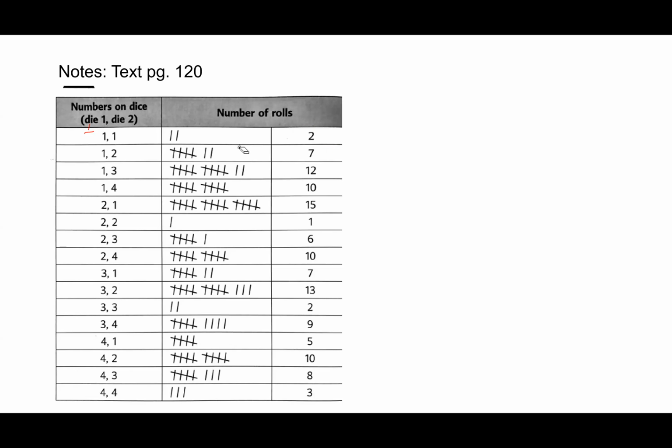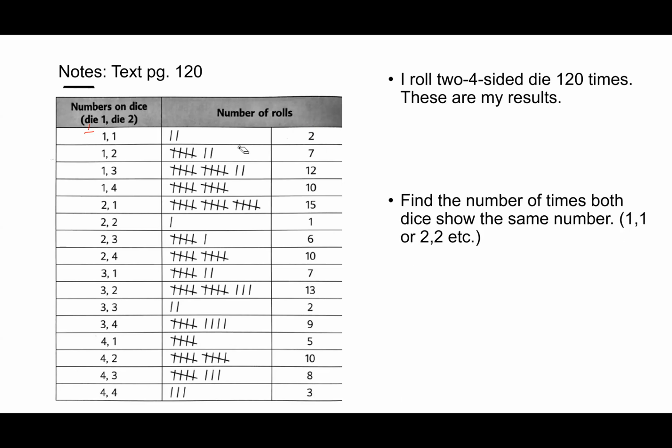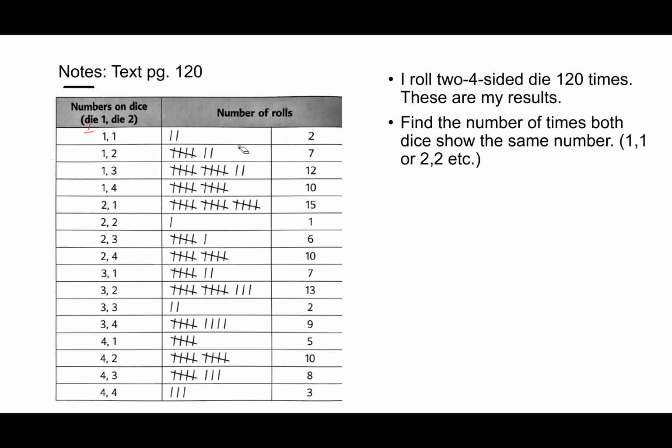Let's say we want to know the number of times both dice show the same number. We had 120 total rolls, and those were the results. So how many times did both dice show the same number? We're looking for 1 and 1, 2 and 2, 3 and 3, 4 and 4.